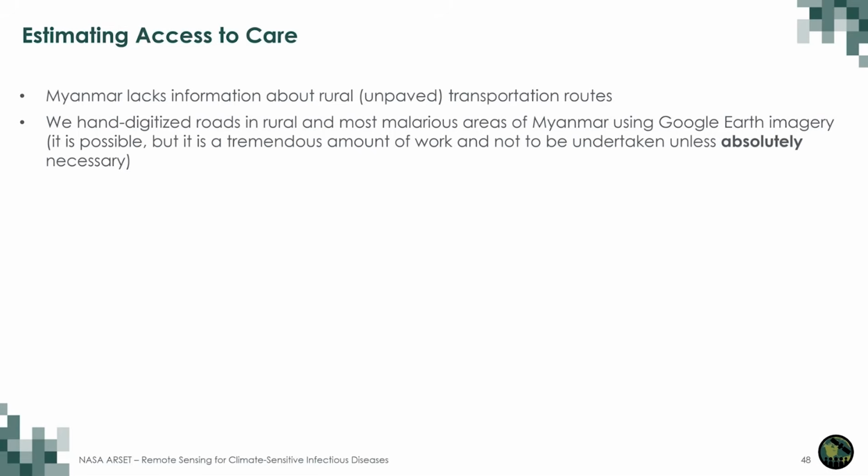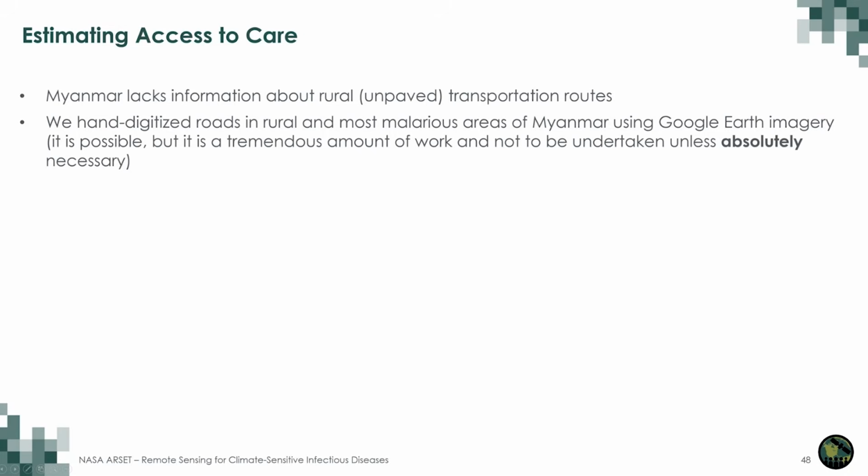So what we did is we hand digitized roads in rural and most malarious areas of Myanmar using Google Earth imagery. It is possible, it is doable, but it is a tremendous amount of work, and I would definitely not recommend doing that unless it is absolutely necessary.